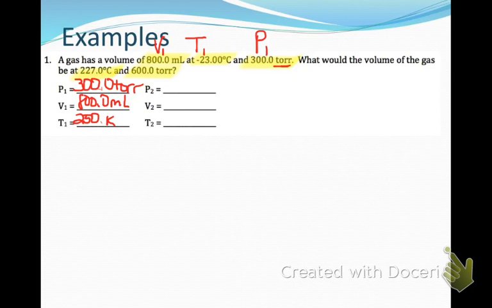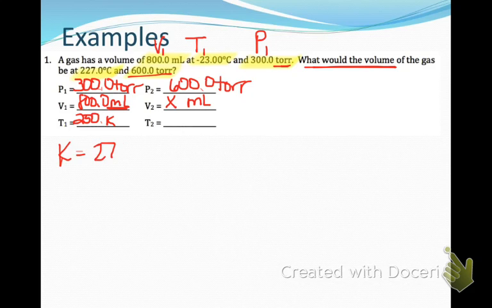Okay, let's go to your P2. So we know that that's our P2. It's 600.0 torr. Hey, look, our pressures are the same unit. That's nice. The question asked what would the volume be, so your volume is your unknown. And let's keep that in the same unit as what your V1 was. Your T2 is 227.0 degrees Celsius, so we'll plug that in again.